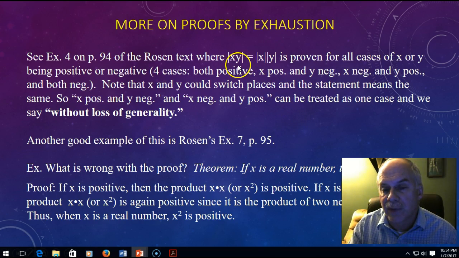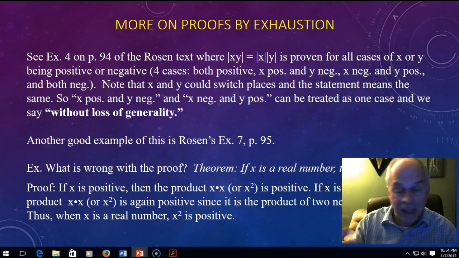They prove the proposition that the absolute value of x times y is equal to the absolute value of x times the absolute value of y. And it's proven for all cases of x or y being either positive or negative.